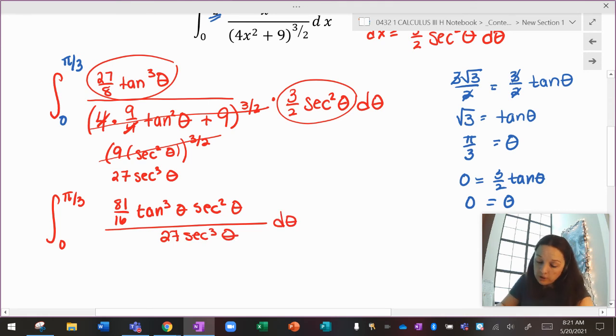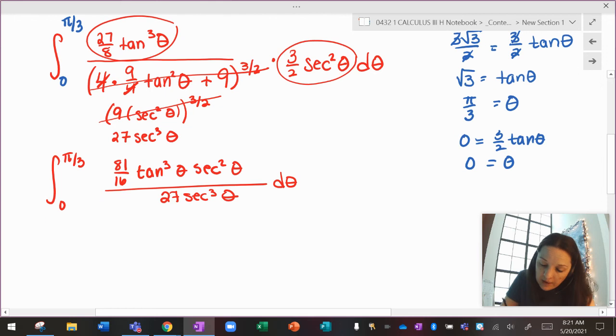So looking pretty good. It's getting condensed here. 81 divided by 27 is 3. I might as well pull that 3/16 out front now. And then secant squared on top and a secant on the bottom would do something like that.